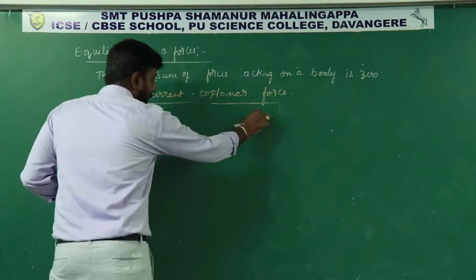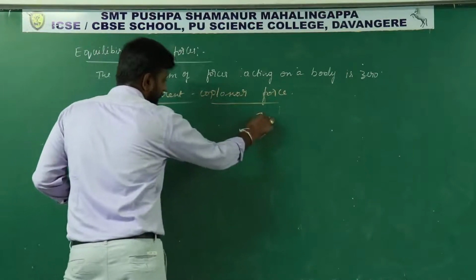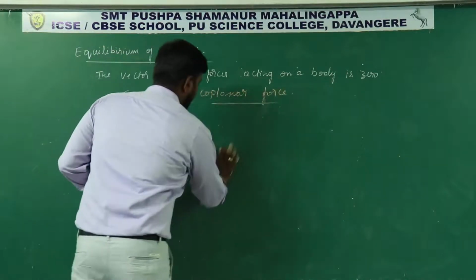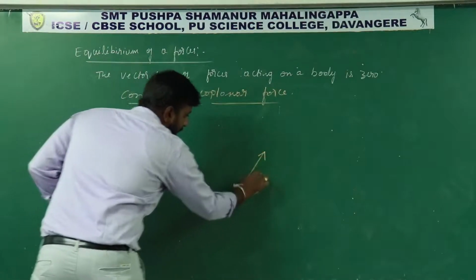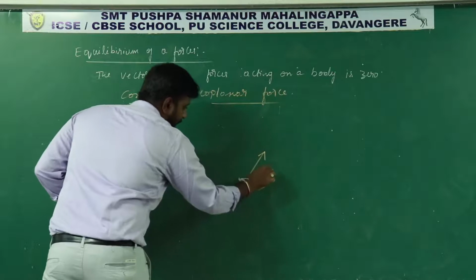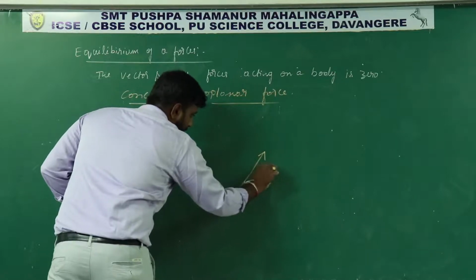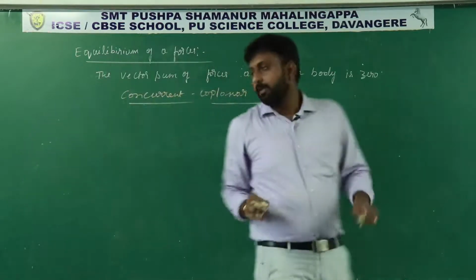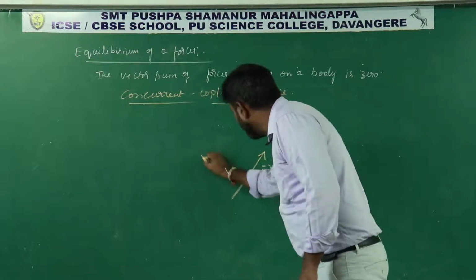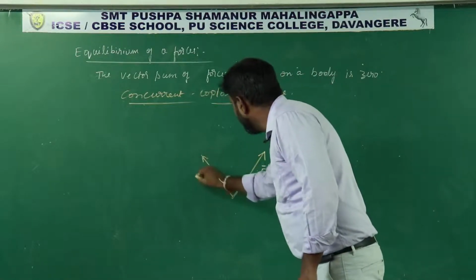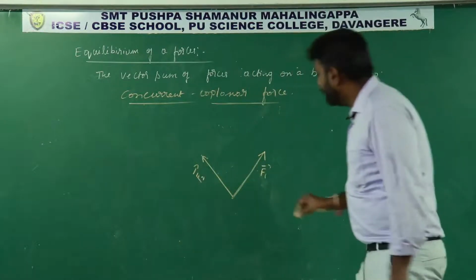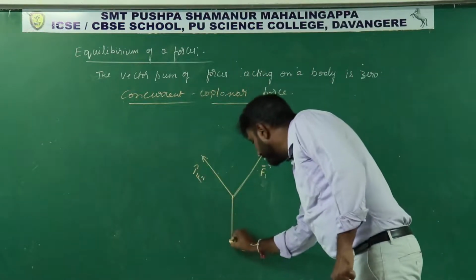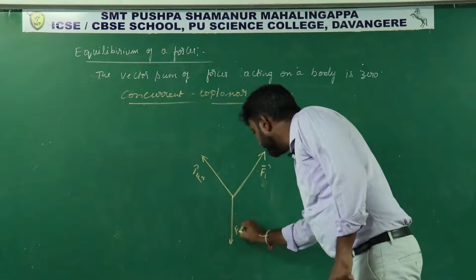Right? So like that, consider three concurrent coplanar forces. One is acting in this direction. I'll write here. This is one force acting in this direction. Let us take this force as F1, and one more force acting in this direction. Let us take that force as F2. And one more force, let us say acting in this direction, let us take it as F3.